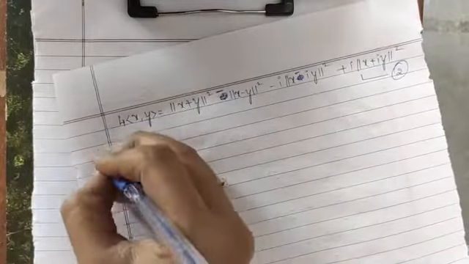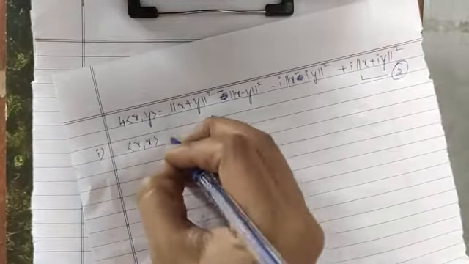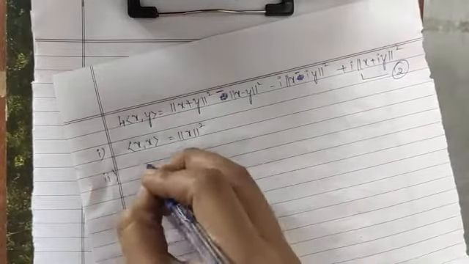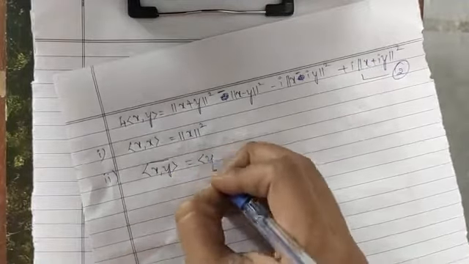So now we have to use both the equalities and we should prove B is a Hilbert space. That means we have to prove the inner product of x comma x is equal to norm x square. The second condition is the conjugate of the inner product of x comma y is equal to the inner product of y comma x.